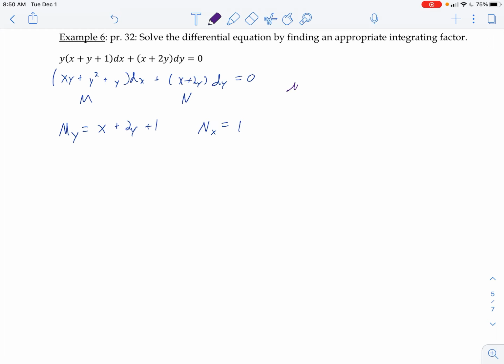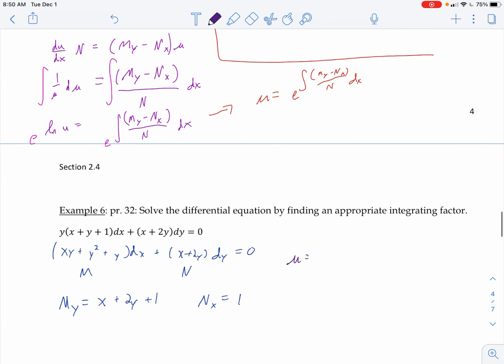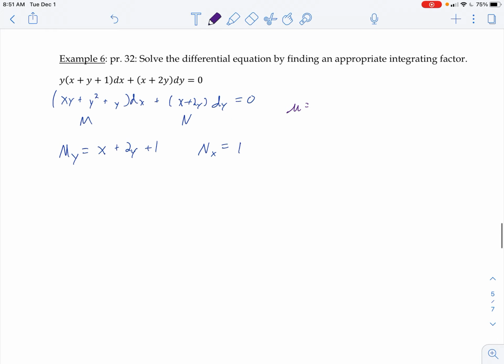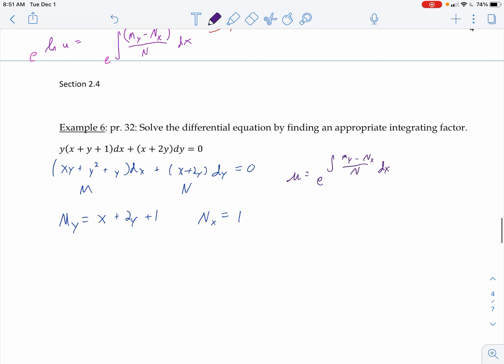Let's say mu is equal to, and we'll try the first one, the exponential, where we suppose that we just have x's in our mu. So we're going to have e to the integral of (M_y − N_x) over N dx.